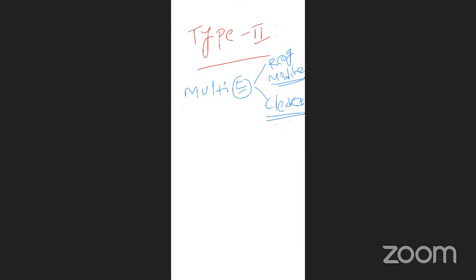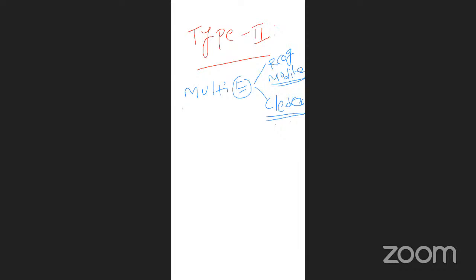But what happened in type 1? On different sites, almost 1000 base pairs away from the recognition site. But here, where the recognition site is present, there only it cuts the DNA into fragments.